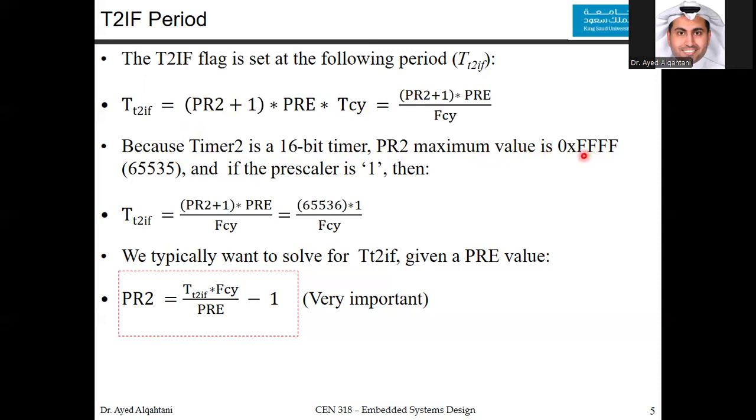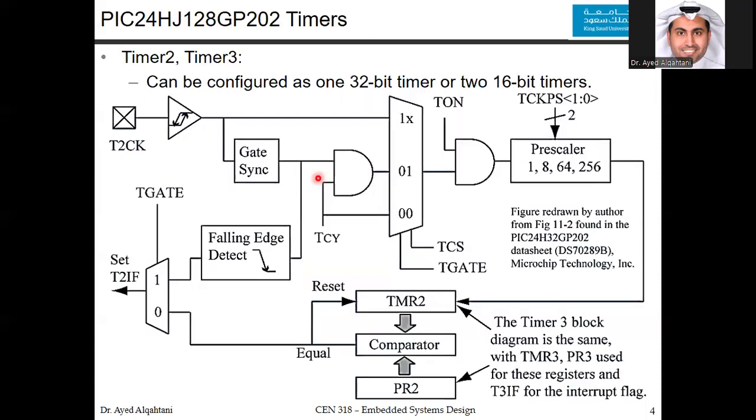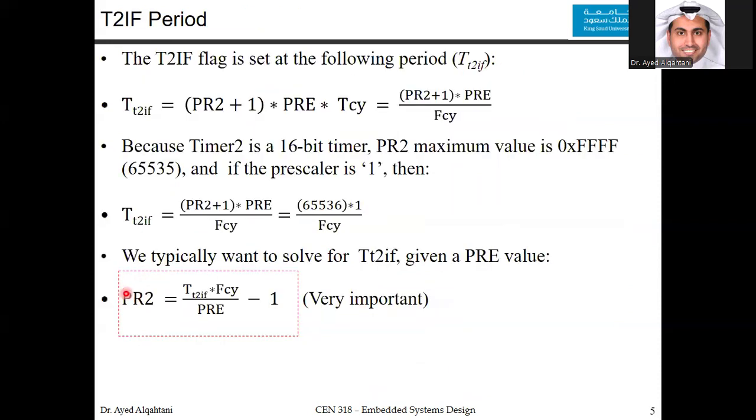You cannot exceed this value, which is 65,535. 2 to the power of 16 actually has 6 in this digit, but now we are saying 5 because we reserved 1 cycle for the hardware overhead. As you can see here in this hardware, it takes some time for the interrupt flag to be generated, and we give it 1 clock cycle.